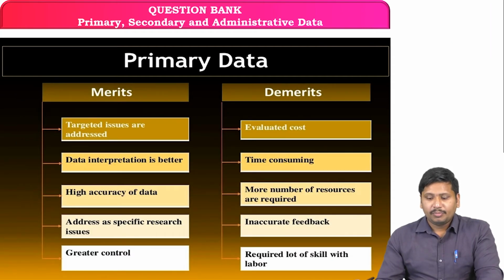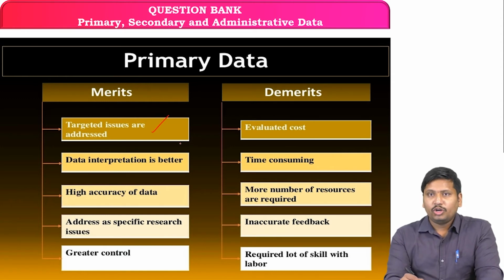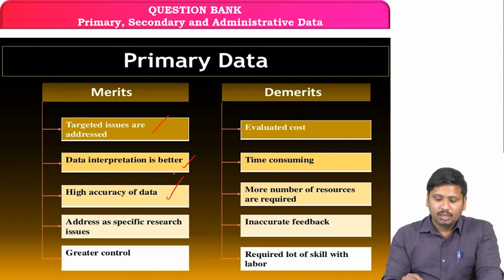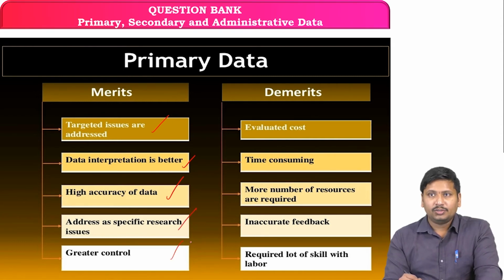The merits and demerits of primary data: the target issues are addressed. That is one merit. Data interpretation is better, high accuracy of the data is another advantage, and it also addresses specific research issues with greater control.